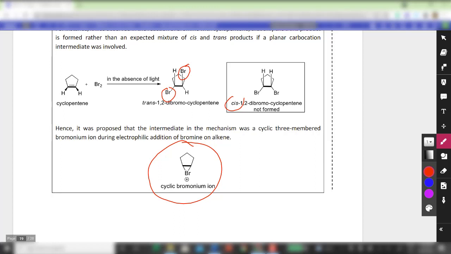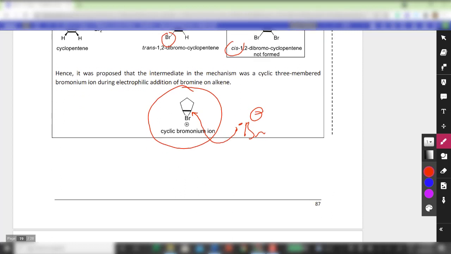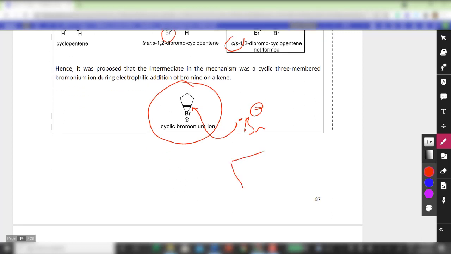Meaning that when this is being locked, the bromide can only approach it from the bottom. If I sketch the 3D, it is being locked in this particular fashion.